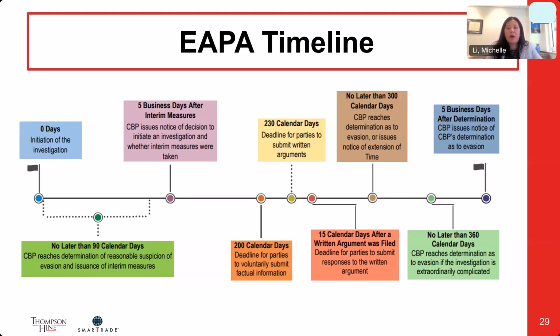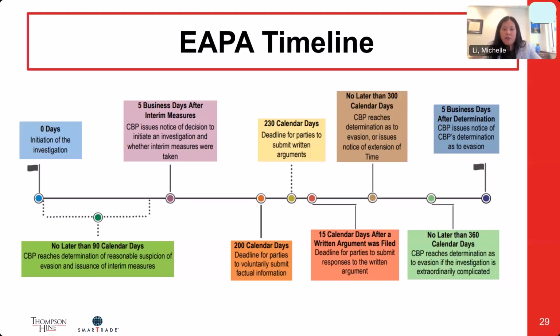And then parties may be allowed to submit factual information and written arguments and counter arguments. Along that timeline, within 300 calendar days, CBP will make a final determination as to whether evasion happened based on substantial evidence, which is not a very high standard, but it's higher than reasonable suspicion.